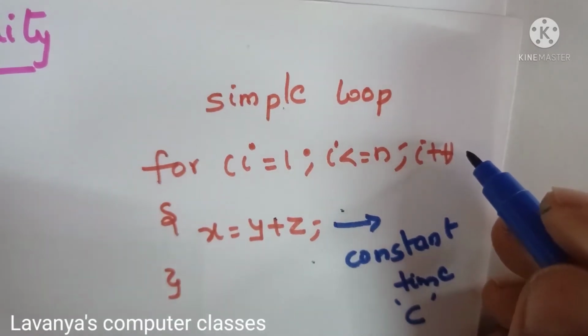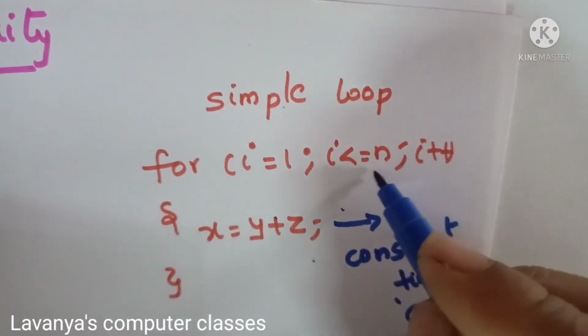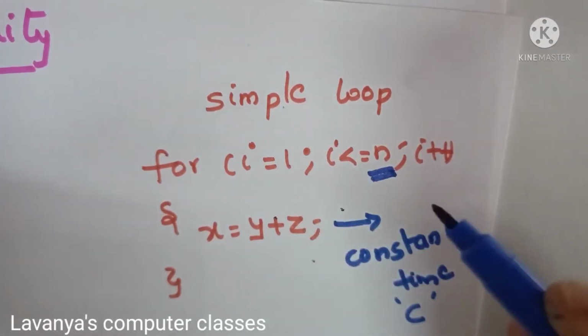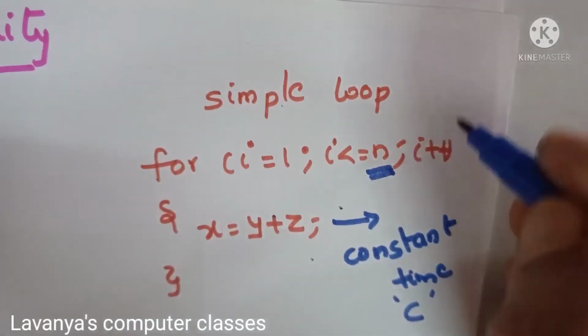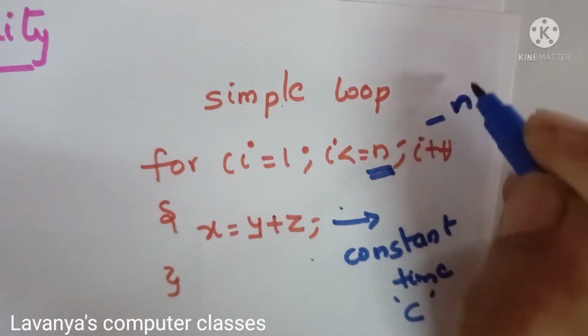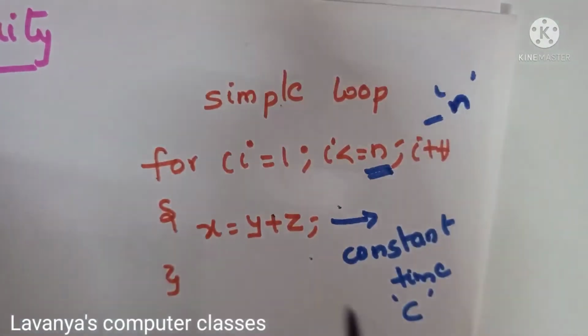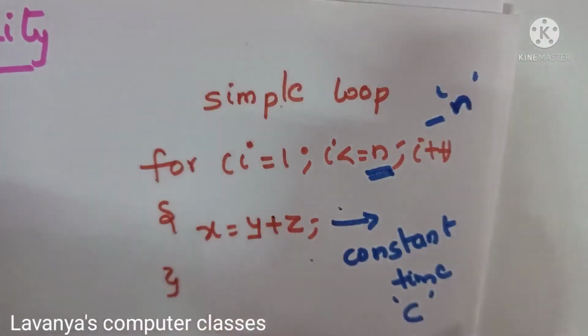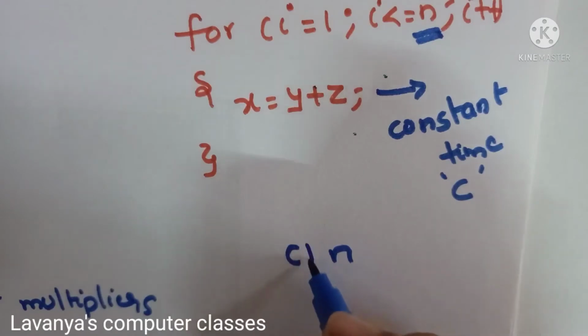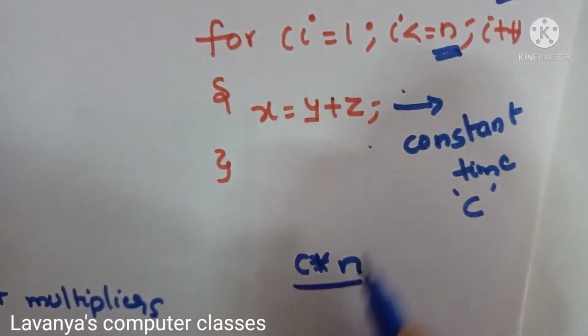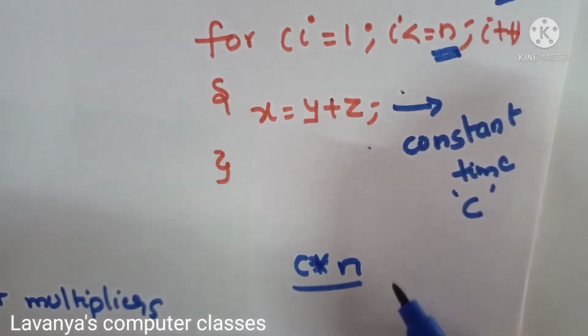And now the loop. How many times the loop is repeated, that is depending upon the n. That is the number of times the loop is repeated. So the time required for the loop is n times. So for executing the entire statement in this example, we require n times for the loop and constant c, so c into n.